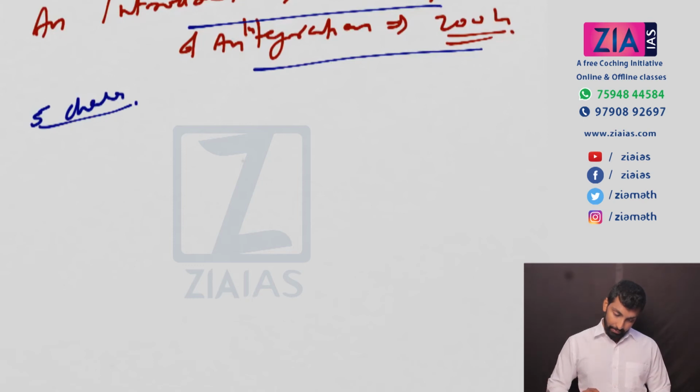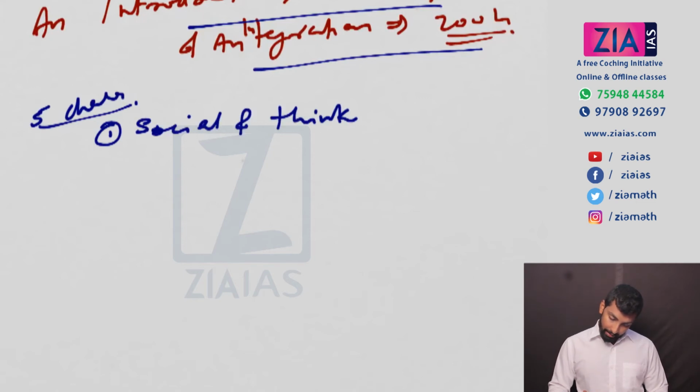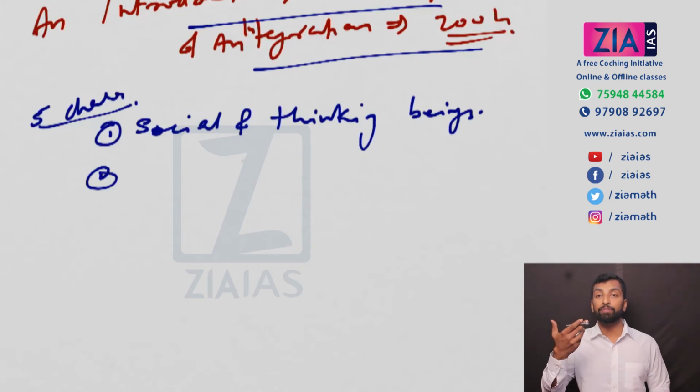5 characteristics. So first thing is, human beings should be considered as social and thinking beings. They have a capacity to think. Second point, human beings perceive their living environment subjectively and not objectively.